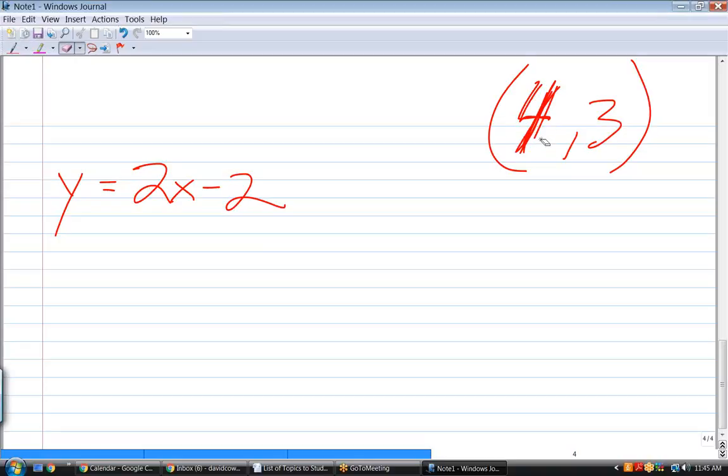In other words, I don't think this line goes through this point. 3 does not equal 8 minus 2. So this equation does not go through that point. But if I said, give me the equation of a line that's parallel to this line and goes through this point, do it.